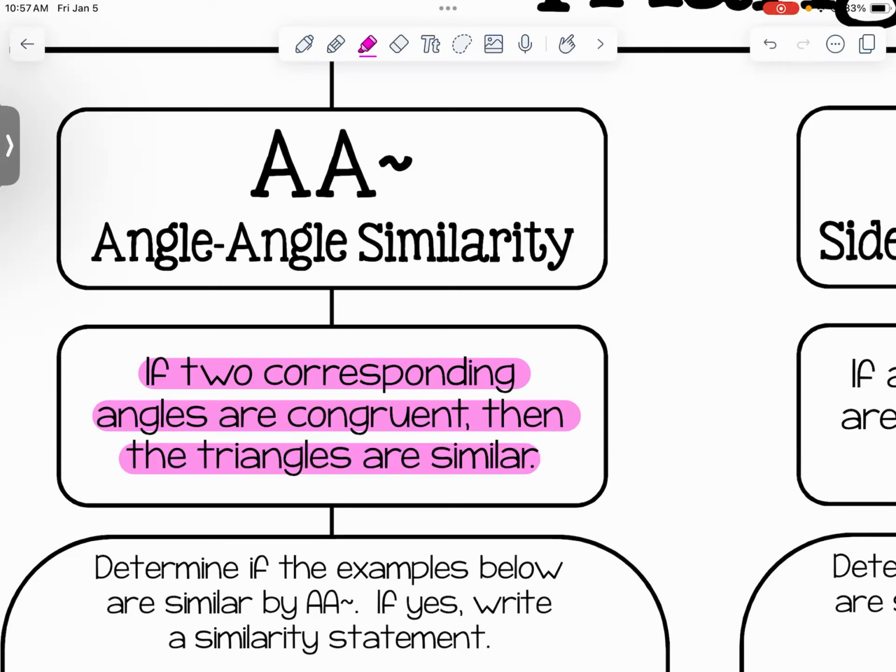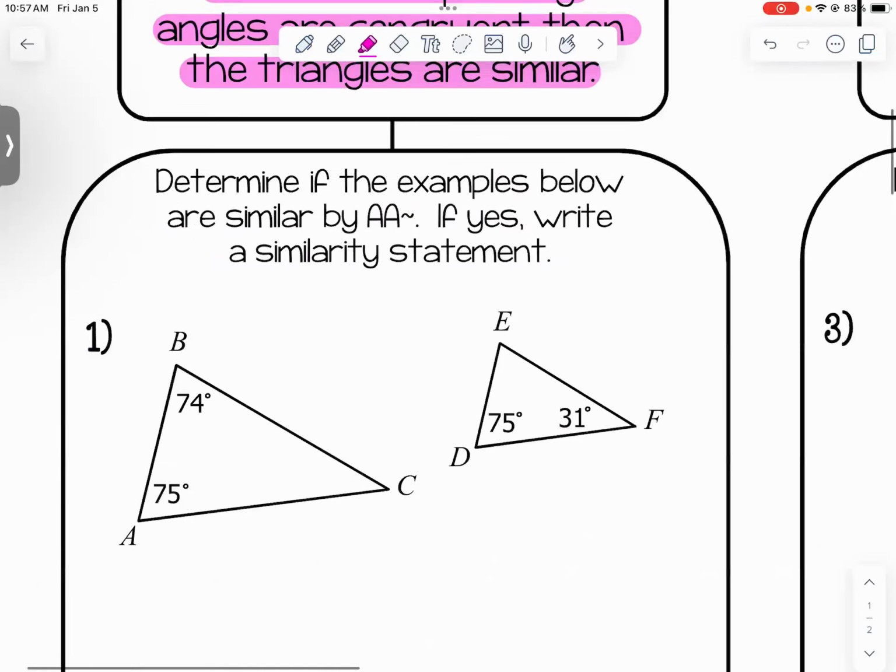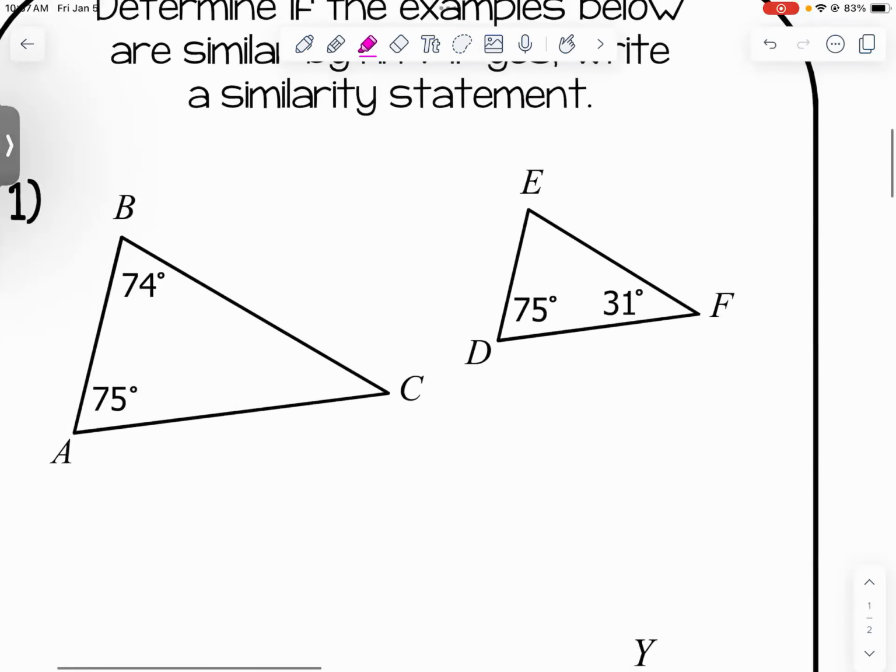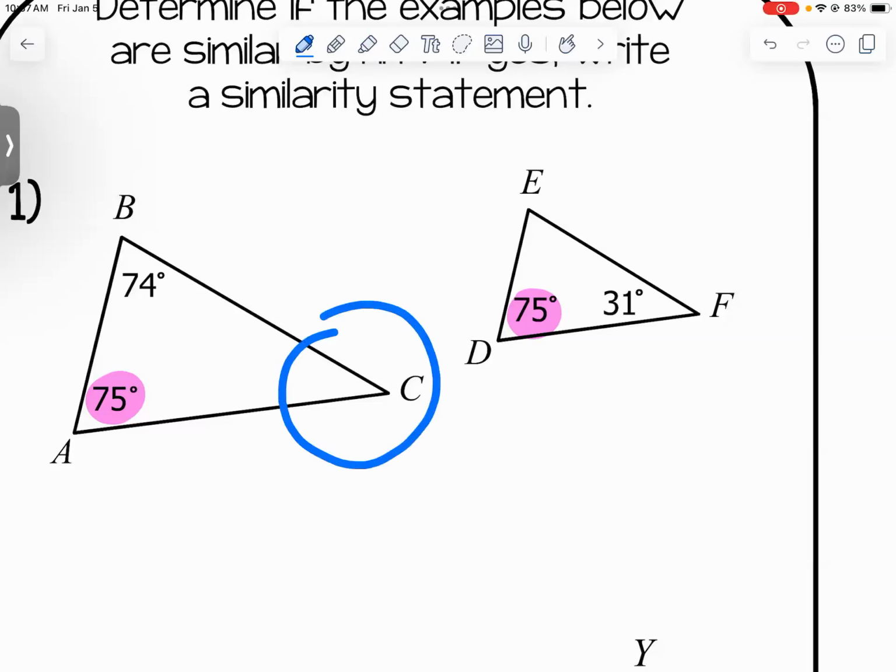Okay, why only two angles? You can figure out the other angle, because then we'll know the third, right? So look at this one right here. We know that 75 is congruent to 75, right? Using our triangle sum theorem, what is the measure of angle C? Is it 31?